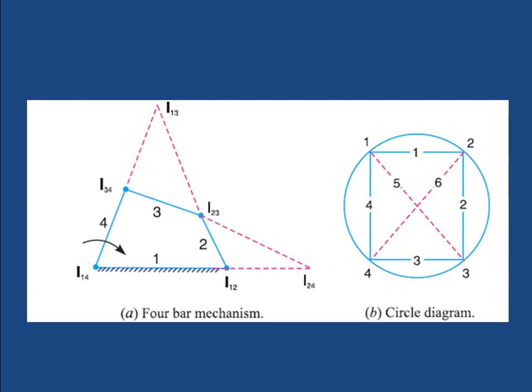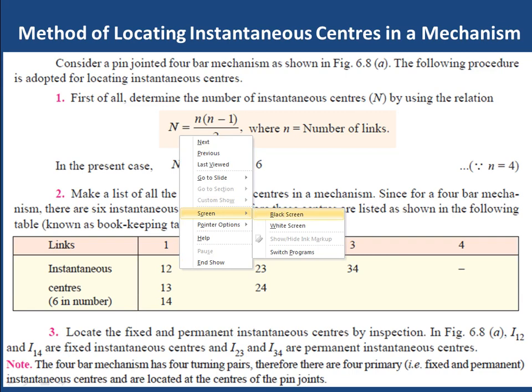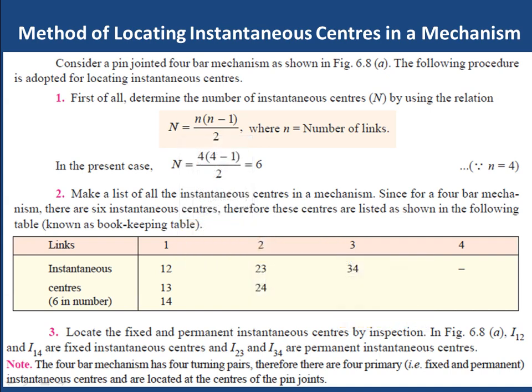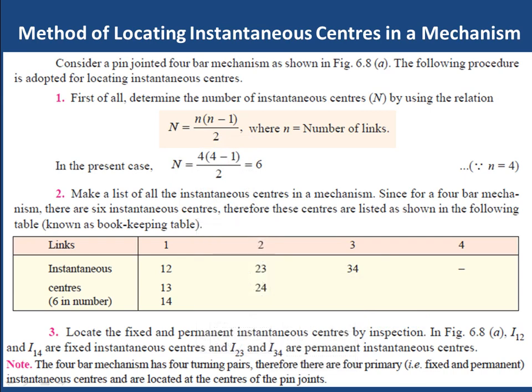Mark 1, 2, 3, 4 links here, and at these combinations: 1 and 4 is I14, 1 and 2 is I12, 2 and 3 is I23, 3 and 4 is I34. So mark these 4 points first. Then you can tick mark on this table. What did I get now?